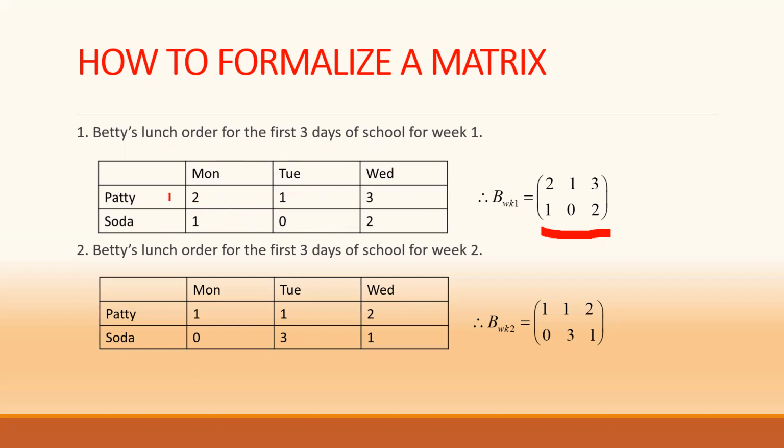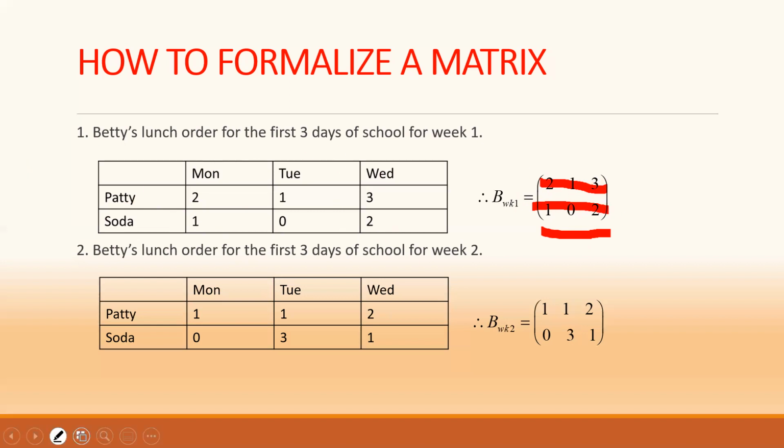So this data could easily be represented as a matrix, guys. And when it is represented in a matrix form, you know what this row represents, right? This row represents the number of patties that she would have bought on a Monday, Tuesday, and a Wednesday, right? And this row here would represent the number of sodas that she would have had for each of those days.